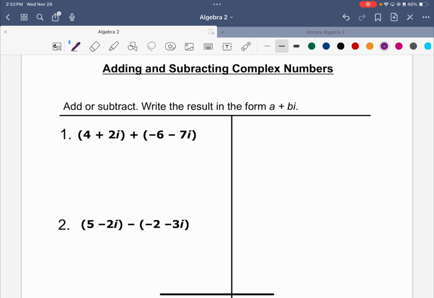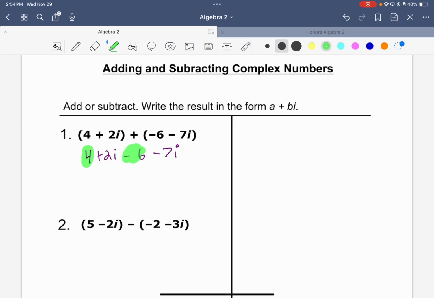It's the same thing. You're going to combine like terms. So when you're adding, remember the parentheses are meaningless. So this really is 4 plus 2i minus 6 minus 7i. And just take the parentheses out and get rid of the plus sign. It's not needed.